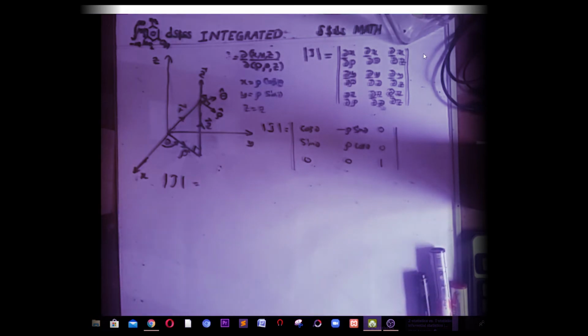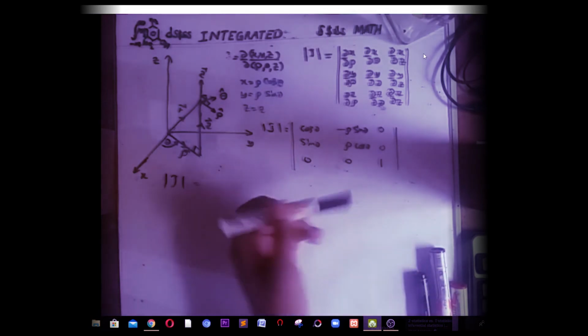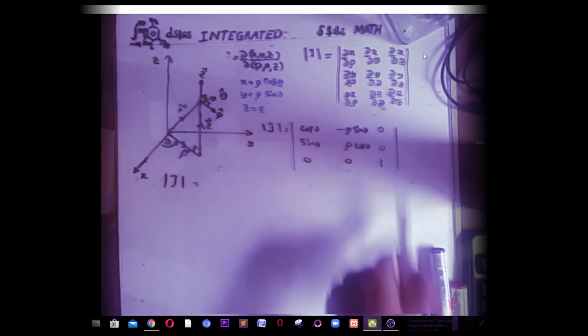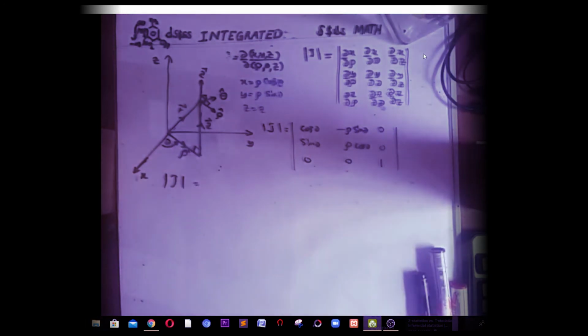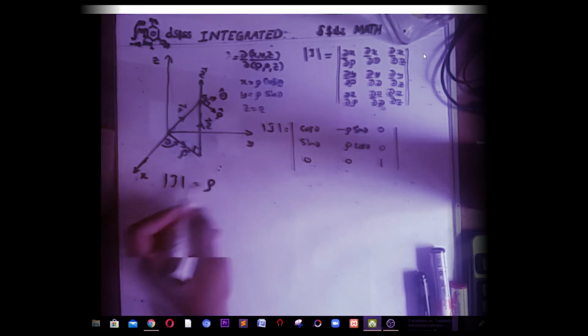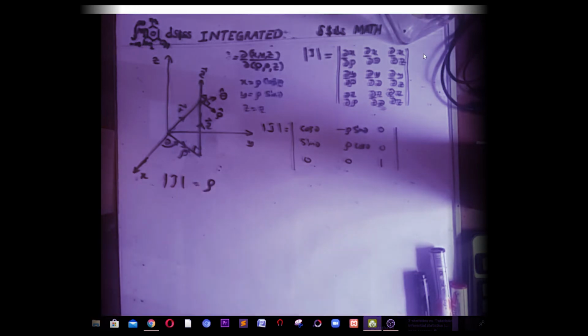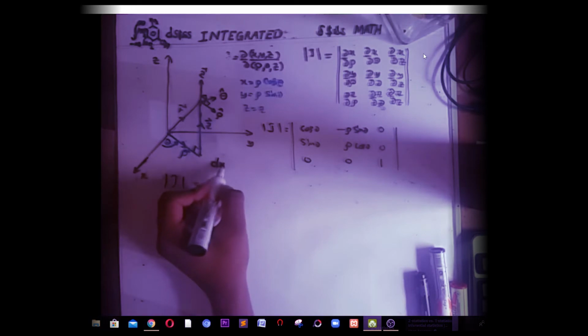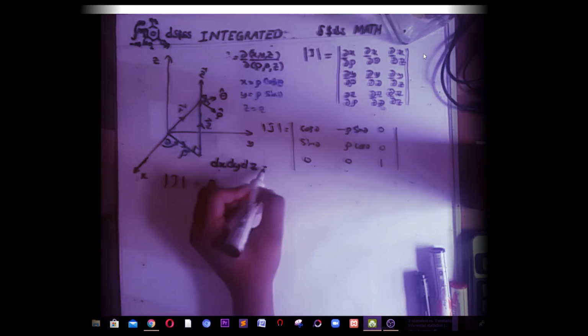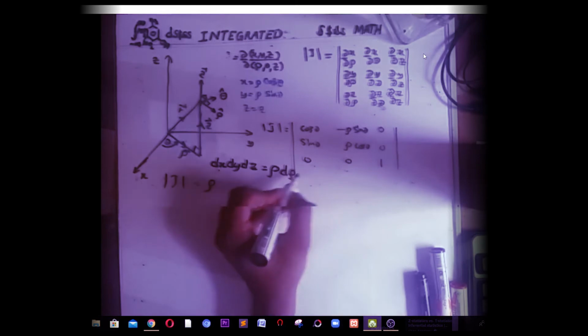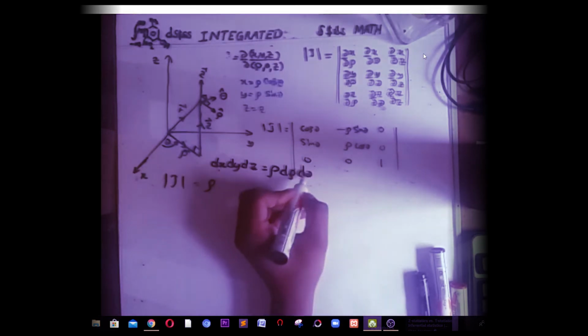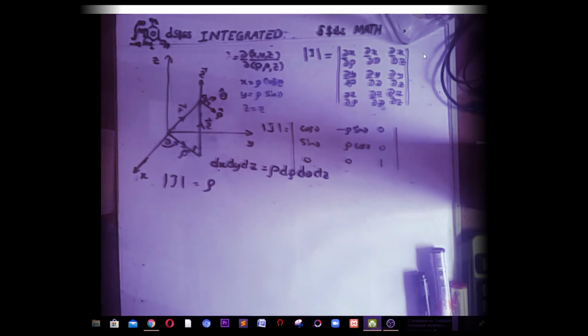I eliminate the last row and the last column, and the determinant of the Jacobian matrix comes out equal to rho. This means dx dy dz is equal to rho times d rho d theta dz.